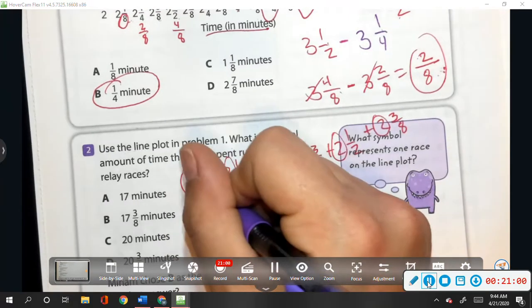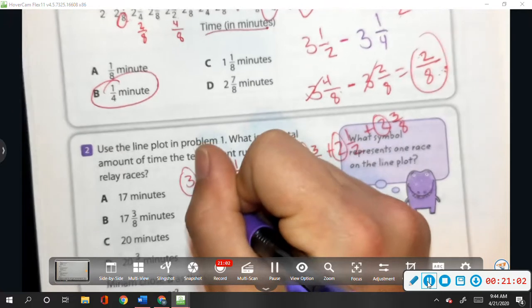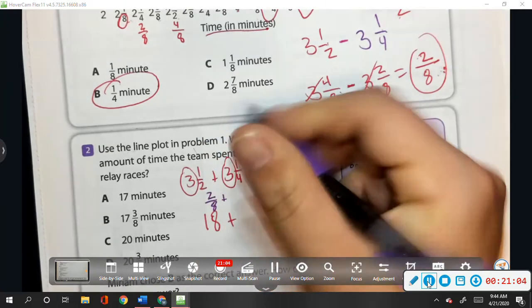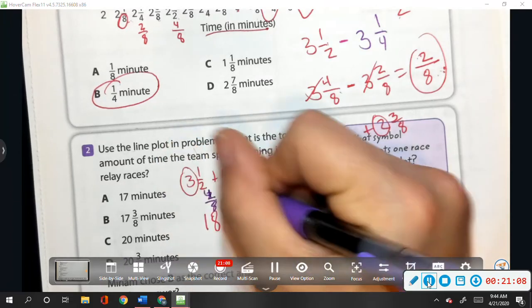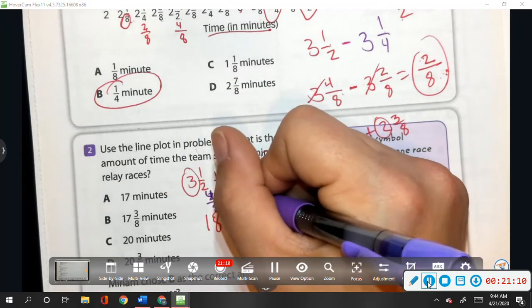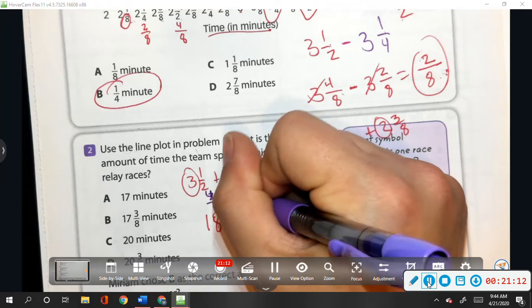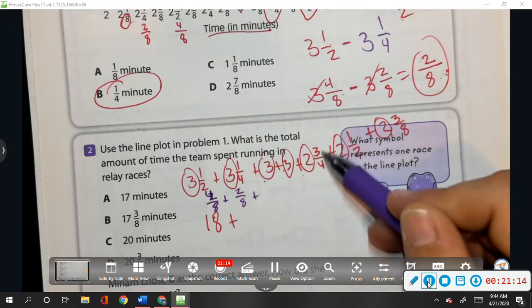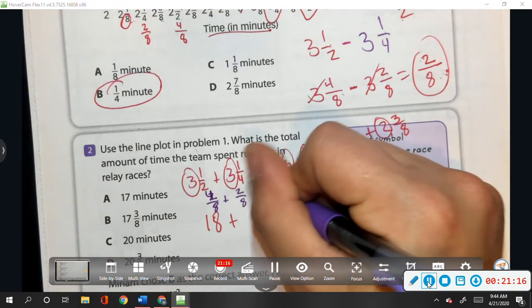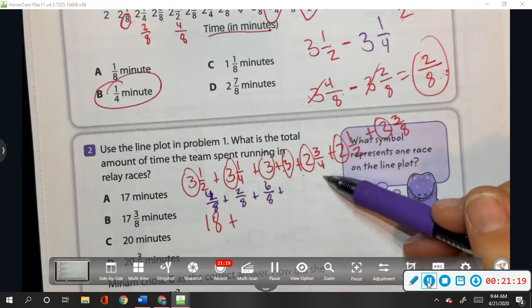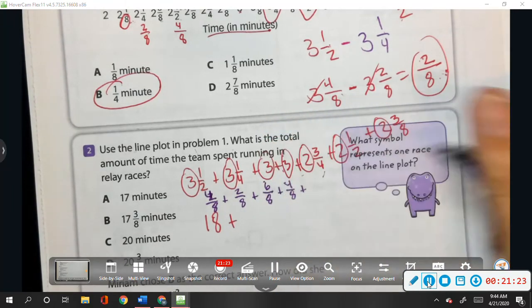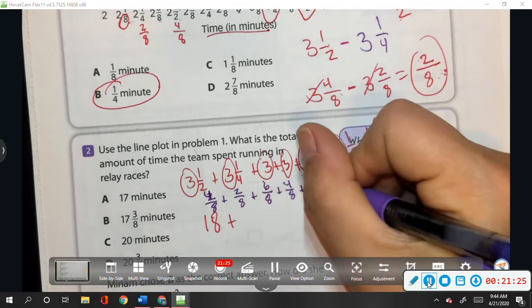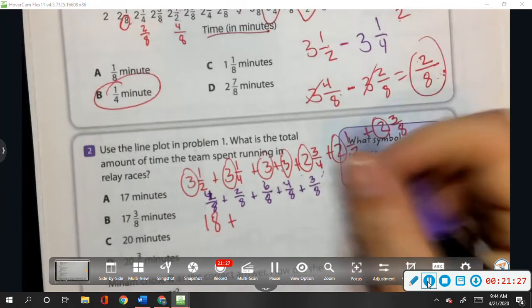I know that a half is 4/8. A fourth is 2/8. 3/4 was 6/8, plus a half was 4/8, plus 3/8. And we don't have to do anything with that because that denominator did not have to change.